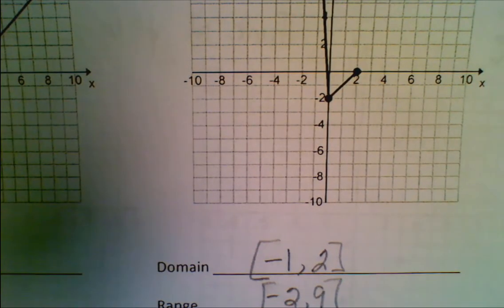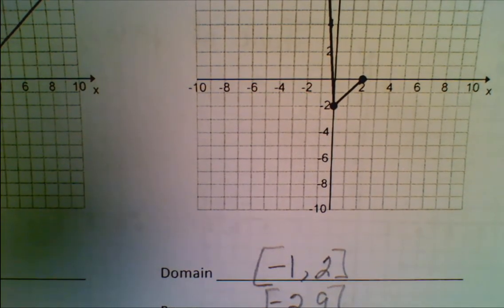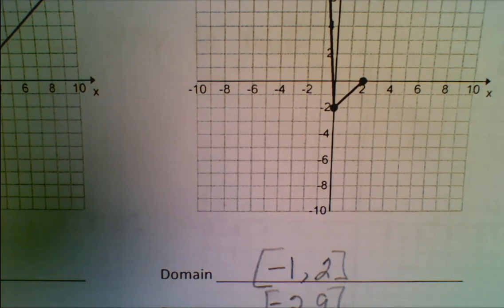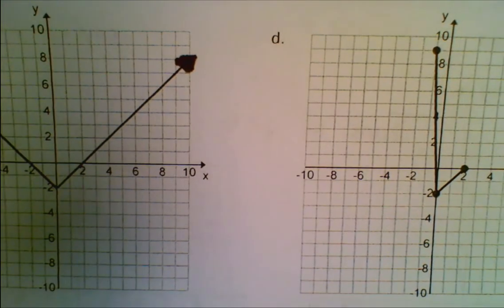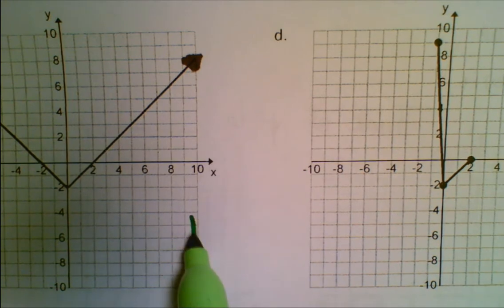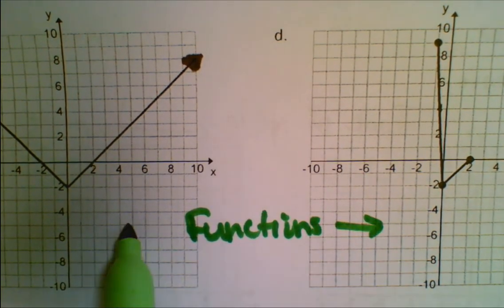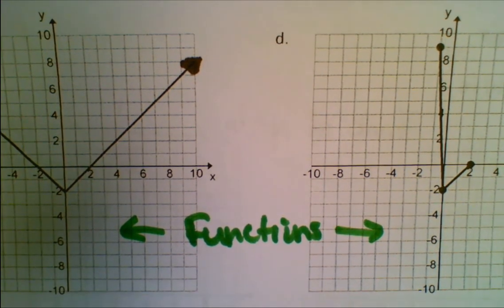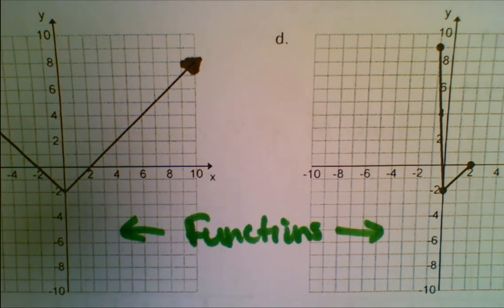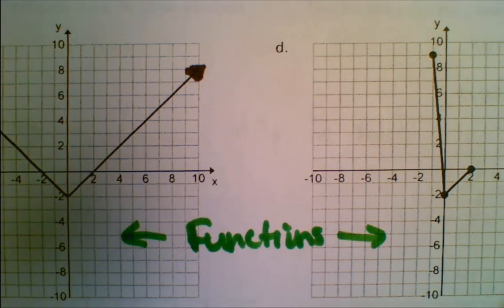Now for both of these graphs, which I didn't answer the last part for C and D, both graphs are functions, because when you draw the vertical line, the graph touches on the vertical line once.